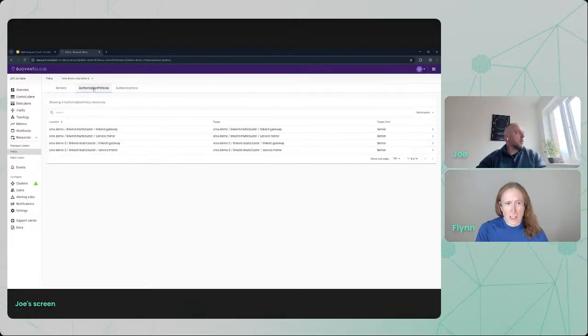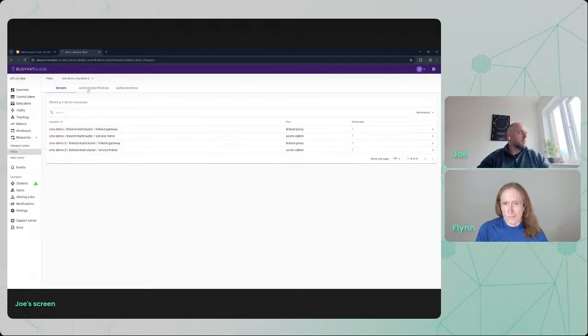Honestly, Buoyant Cloud's ability to show you things about policy is a pretty big deal. This is especially true in larger estates and organizations where they are really tightly constrained on what network traffic they want to allow and accept, with super zero trust, where app 1 can only talk to app 2 but not app 3.